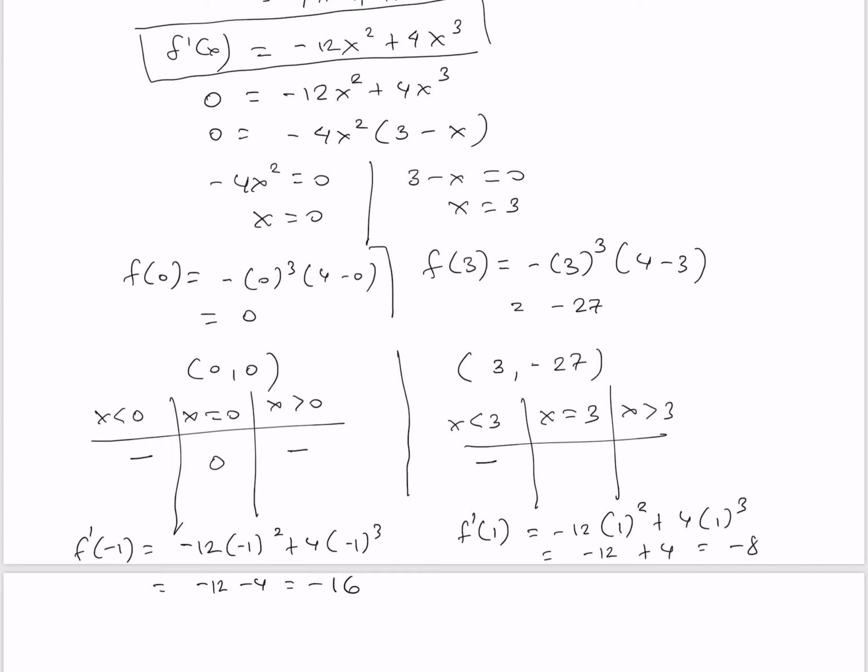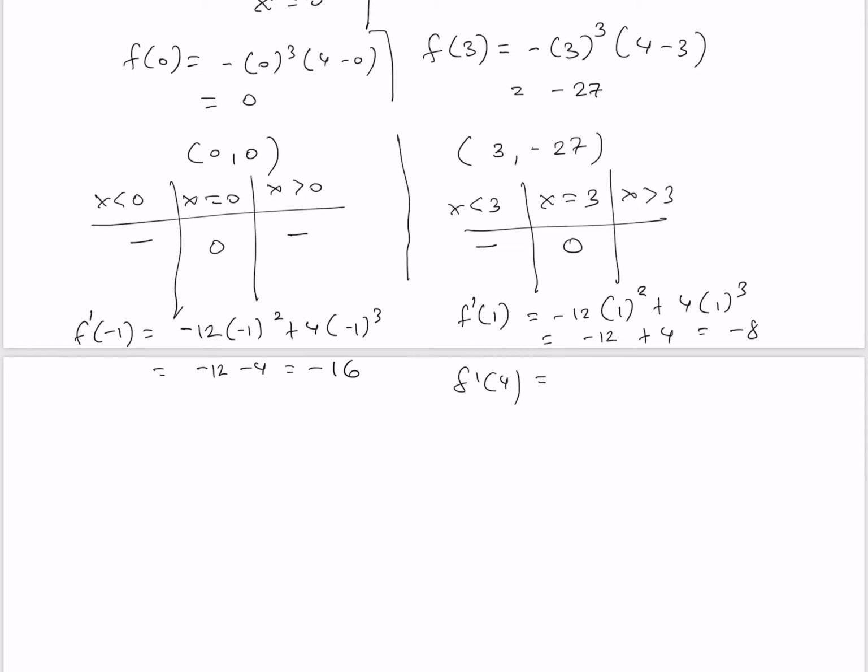Of course, when x is equal to 3, the gradient is 0. For x more than 3, we can use 4. So you have negative 12 times 4 squared plus 4 multiplied by 4 cubed. That is equal to negative 192 plus 256, which gives us positive 64.